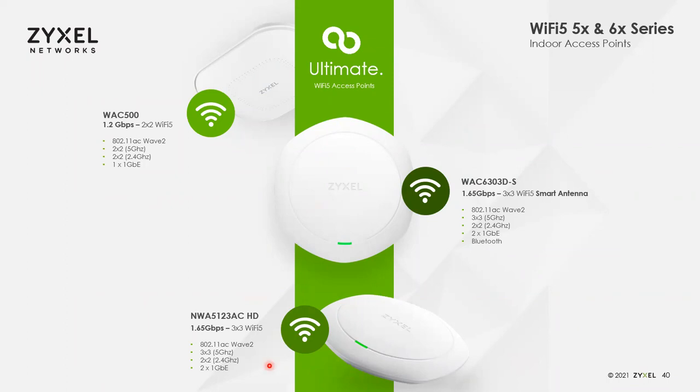So our 5123 ACHD, it is a 3x3 Wave 2 access point. And then the 6303, which is our most affordable 11AC smart antenna access point. So if you want that smart antenna technology, the WAC 6303D-S is your entry point.